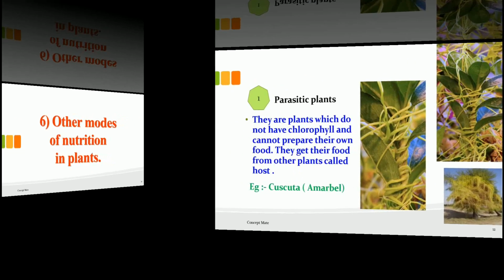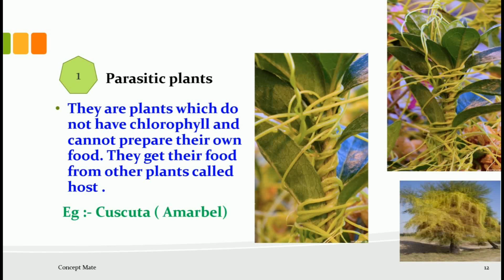The first type we are going to look at is the parasitic plants. These are plants which cannot prepare their own food due to the absence of chlorophyll. Therefore, they take ready-made food from the host plant. An example is Cuscuta or Amarbel.